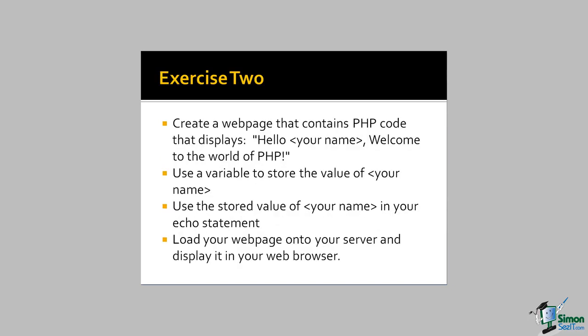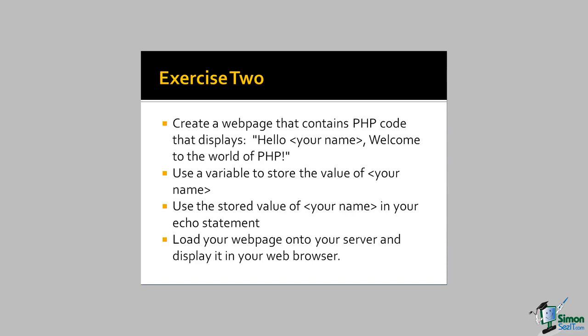So we're going to do an exercise now to demonstrate some of these variable techniques. We're going to create a web page that has PHP code to display, hello, whatever your name is, welcome to the world of PHP. Now, instead of just typing your name there after the hello, we're going to use a variable to store the value of your name. And using that stored value in the string in the echo statement, and then load the web page onto the server and display it in the browser.